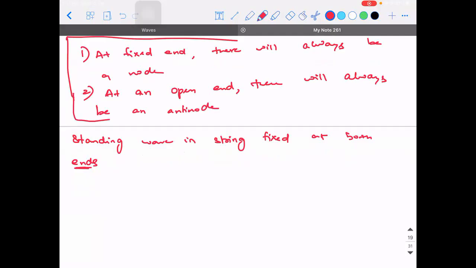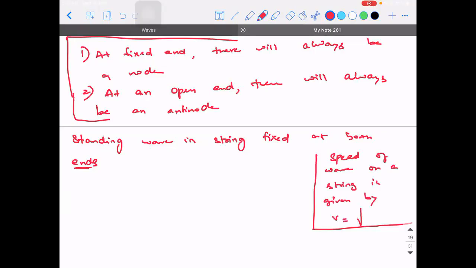Okay. Next. Speed of wave on a string is given by v is equal to root of T by mu. I will explain how this has come also later. Okay, as of now, accept it. I will show the derivation of this later. It's a simple derivation, but I don't want to mix up the concepts.